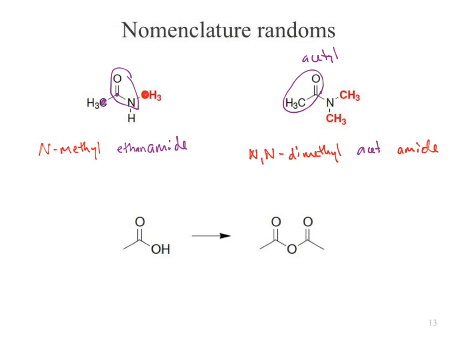So it's no longer acetyl, it becomes acetamide or acetamide, however you want to say it. Okay. Bottom one, that one should be relatively straightforward. Acetic acid, what becomes the next one?